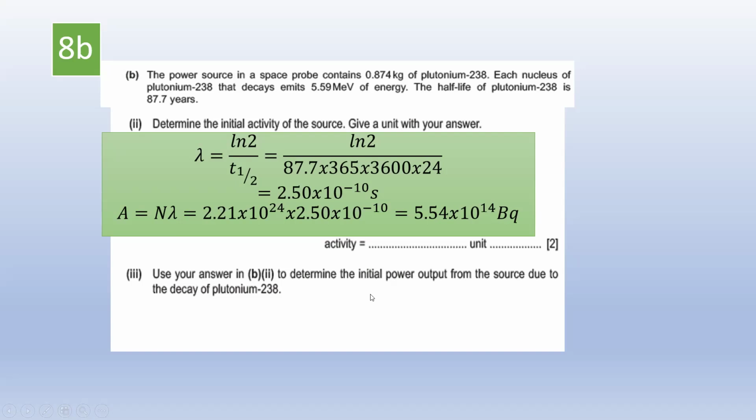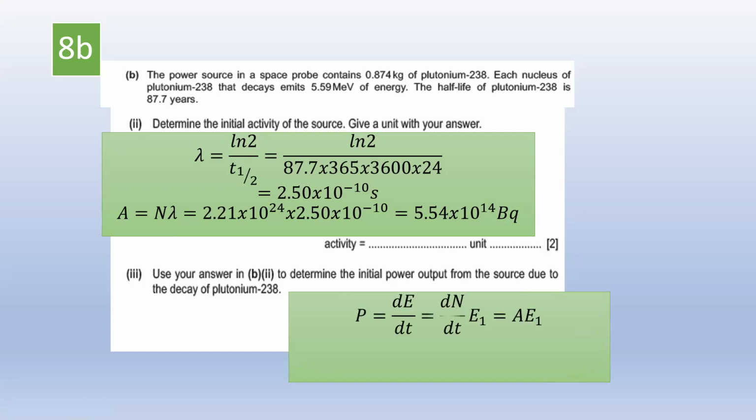Use the answer in B to estimate the initial power output from the source. Okay, this is the activity. Power is the rate of change of energy. This is the energy released in one decay or one reaction, and dN/dt is the activity.